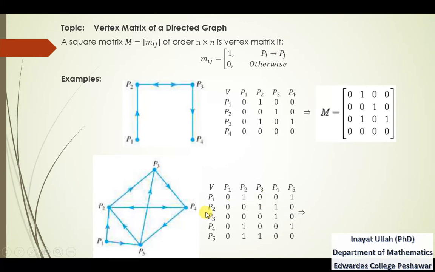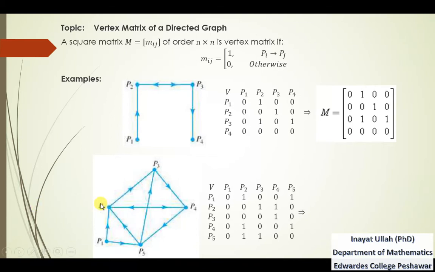And similarly from P1 to P4 there is no edge, so that's why this is 0. And from P1 to P5, we see here that there is an edge, so that's why this is 1. Similarly, repeat this process: from P2 to P1, there is no edge.